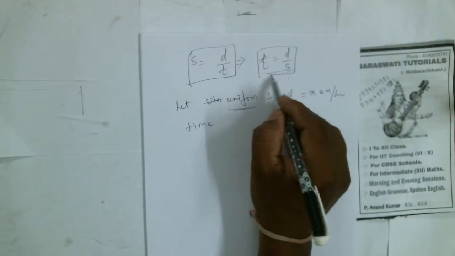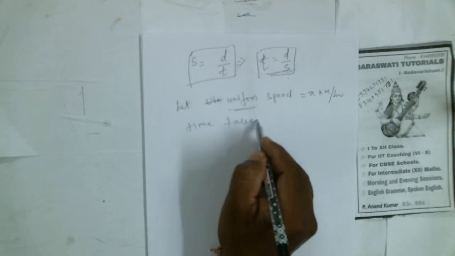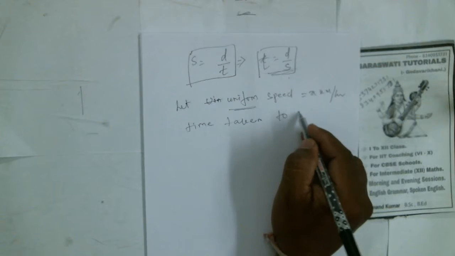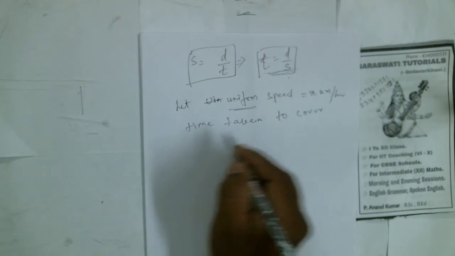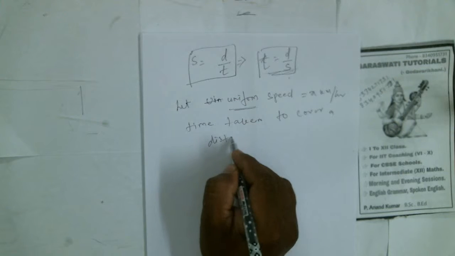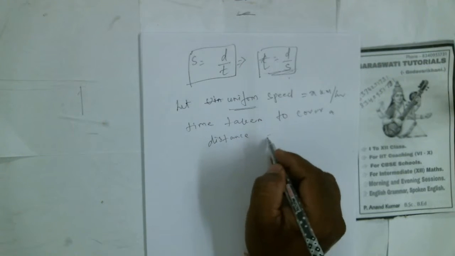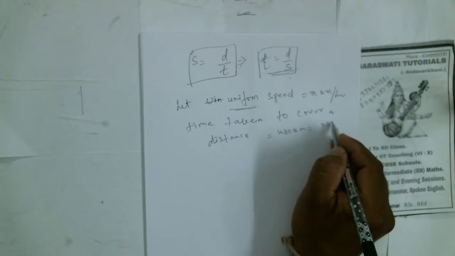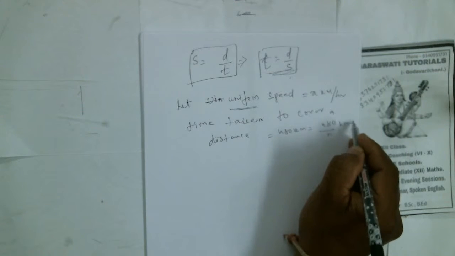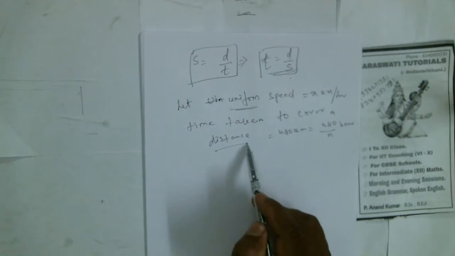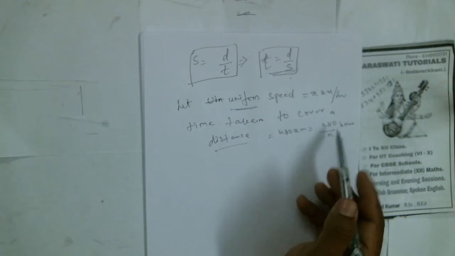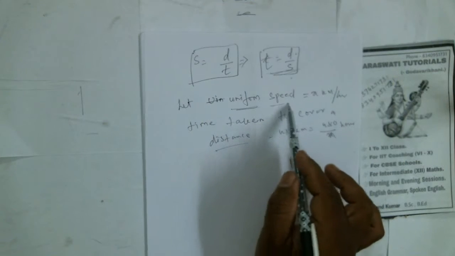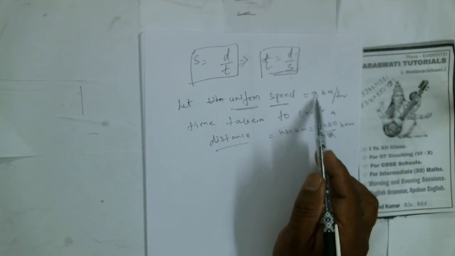So this is a formula for time taken. Time taken to cover a distance is equal to 480 kilometers, which is equal to 480 by x hours. Okay, why? Because to cover a distance, we have to divide here with x. Okay, so time is equal to distance by speed. So what is the speed we take here? We took here x.